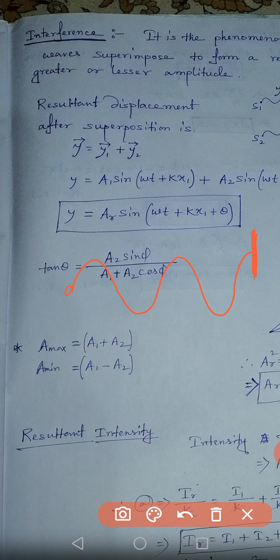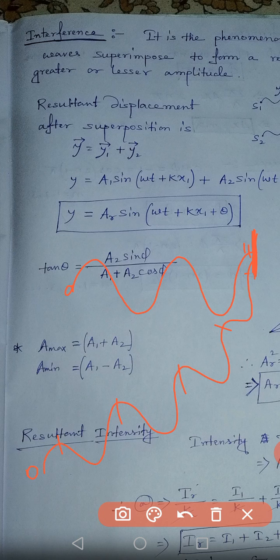Another wave has started from this point and reaches the same point like this. For the first wave this is the first, second, third crest; for the second wave this is the first, second, third, fourth, fifth crest. So their crest numbers are different, and we say there is a phase difference.